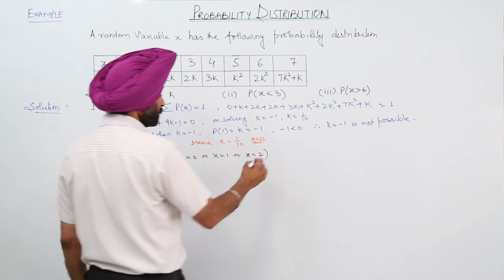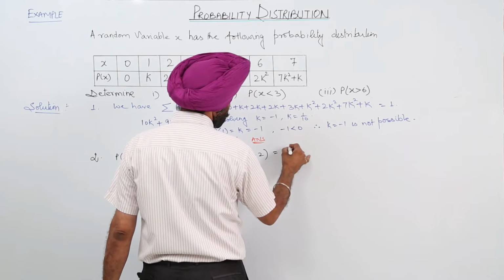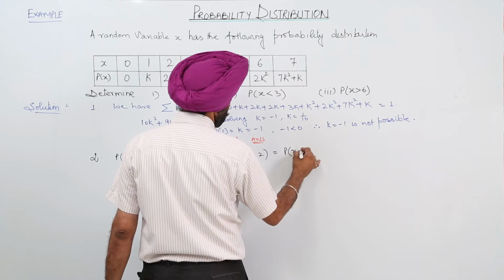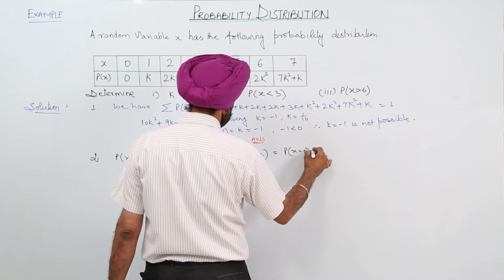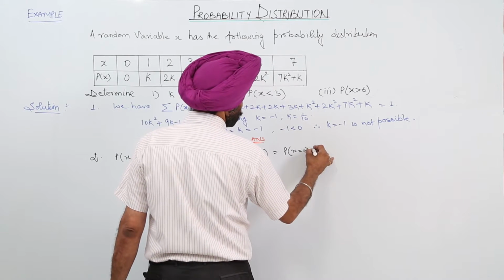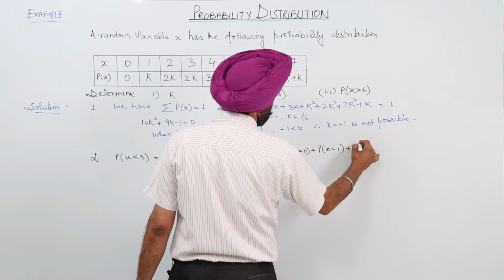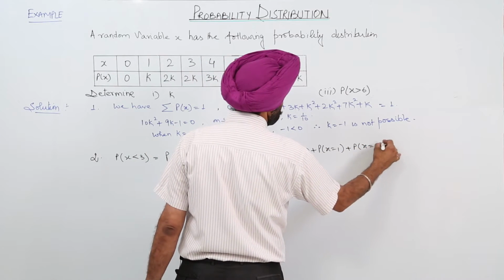And to this we can write probability for x equal to 0 plus probability for x equal to 1 plus probability for x equal to 2.